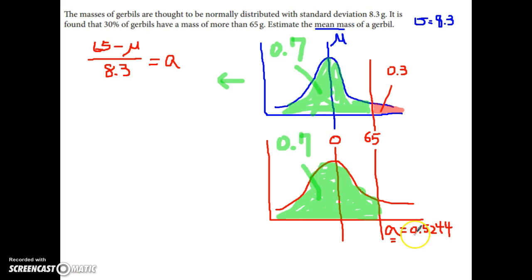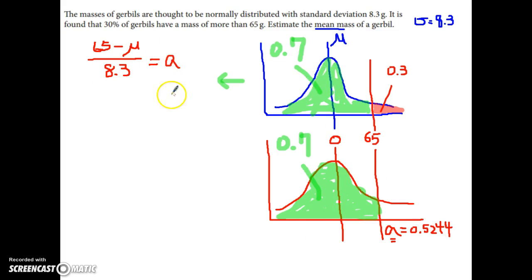Okay? Interesting, right? So my A, another way of saying this is this value of 65 is approximately 0.5 standard deviation away from your mean.